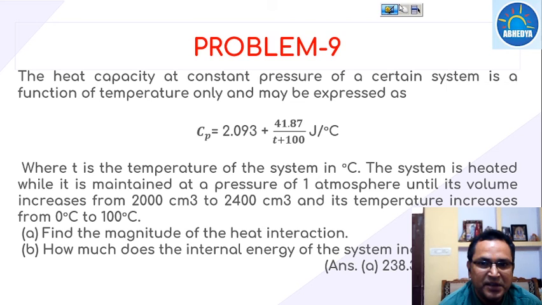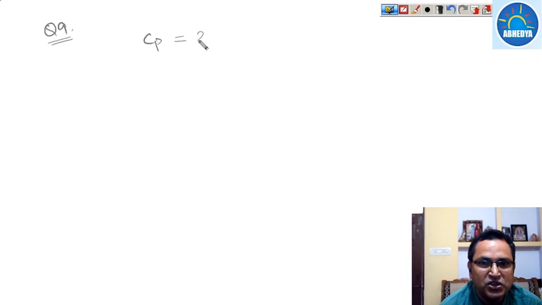The variation of Cp is given as 2.093 plus 41.87 upon T plus 100, in joule per degree centigrade.